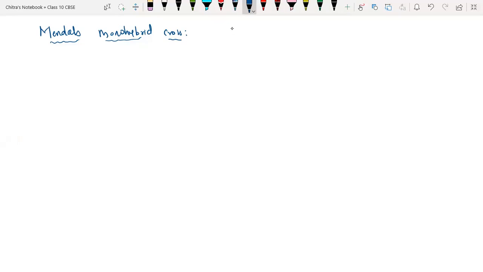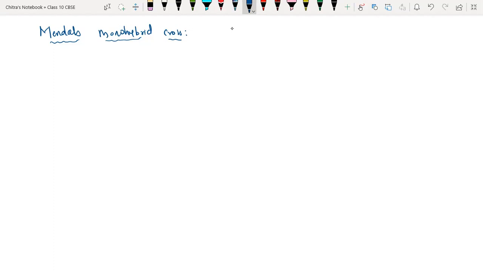The shape of the pod, shape of the seed, color of the seed: there are many different physical contrasting characters present in the pea plant, and their lifespan is also very short. That's why he performed all the experiments on garden pea plants only. They are also very easy to sow in the crop field and very easy to observe. That's why he chose the garden pea plant.